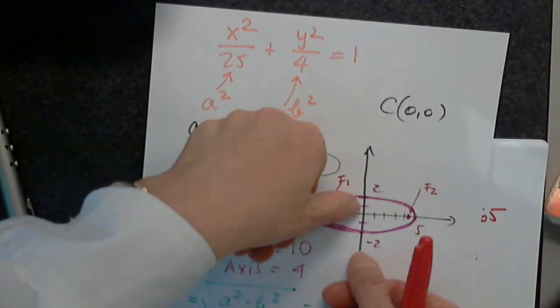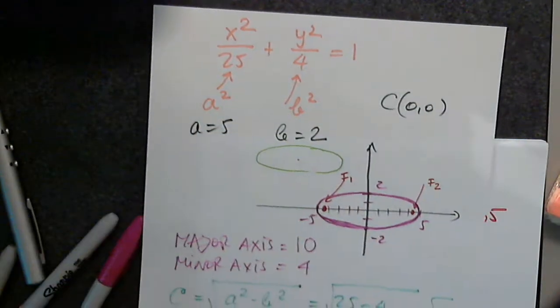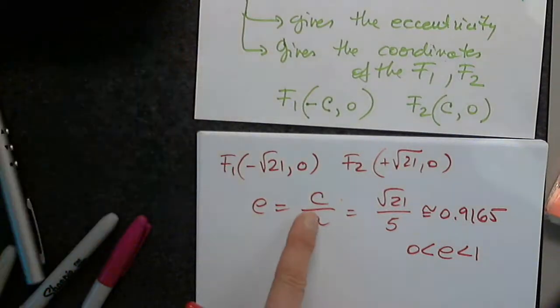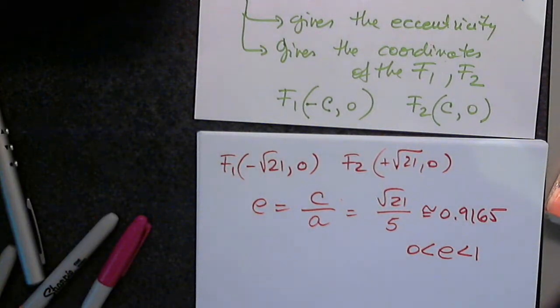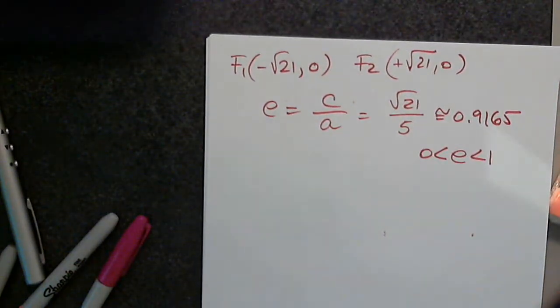In this case, it's going to be divided by 5, not by 2. That's number 1. And c is always the square root of the bigger quantity squared minus the smaller quantity squared. Good. So you know you did something wrong if the calculation gives an eccentricity more than 1. Definitely. Absolutely.